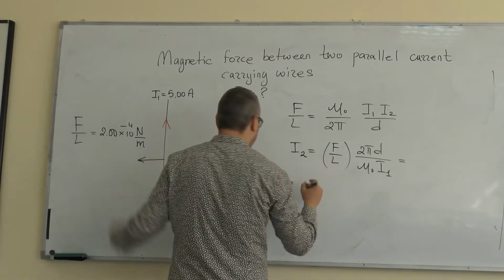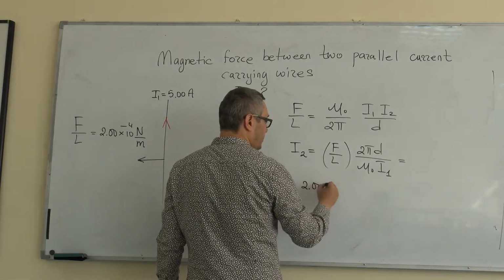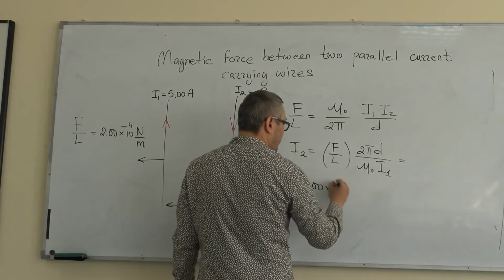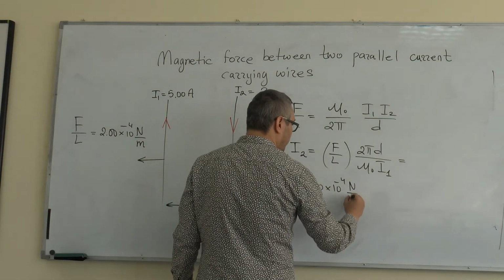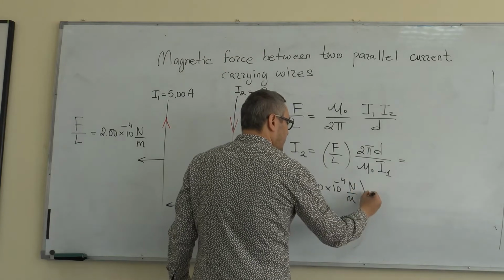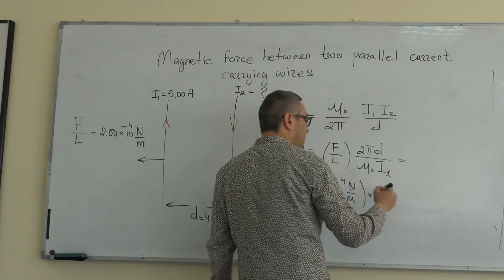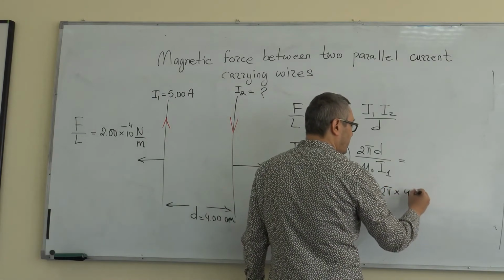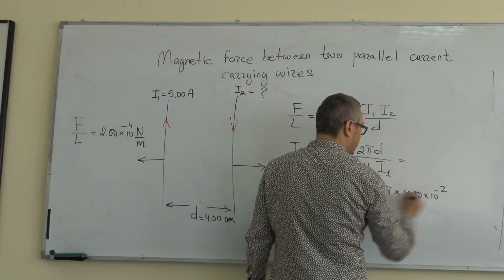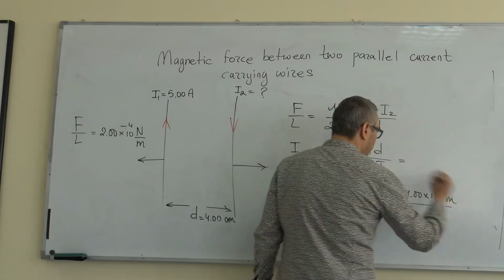F over L is given. That's the force per unit length, so that's 2 times 10 to minus 4 Newton per meter times 2 pi. Distance d is given, that's 4 centimeters, so 4 times 10 to minus 2 meter.